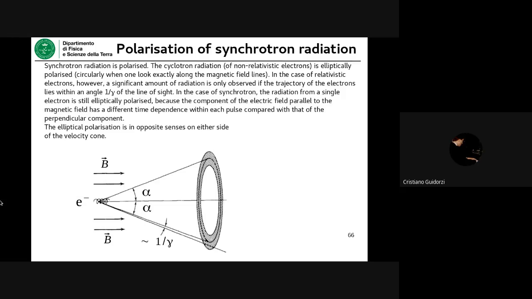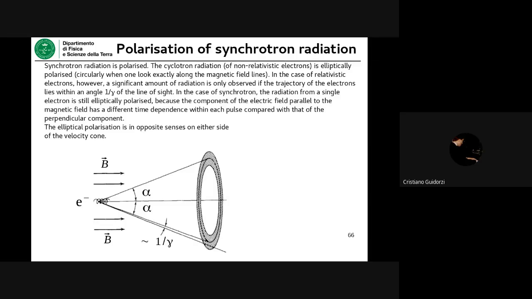And this is the pitch angle, the angle between the velocity of the electrons and the magnetic field lines. So it means that the velocity of the electrons just keeps rotating within the surface of this cone, because the angle is constantly alpha. Imagine the velocity of the electron just spinning around on the surface of this cone.